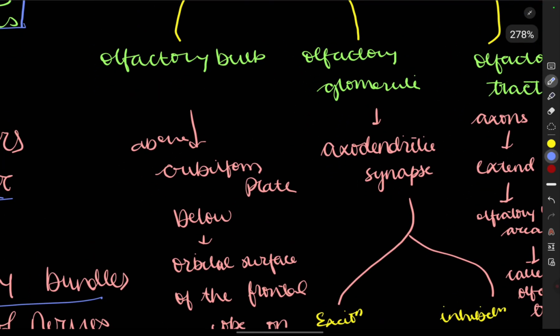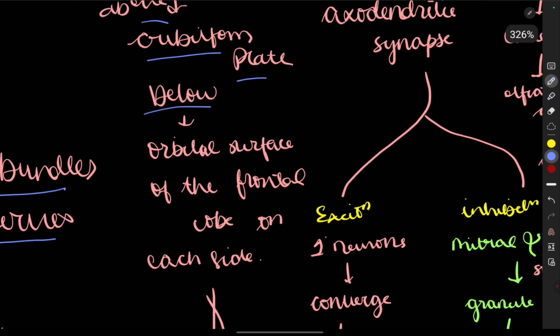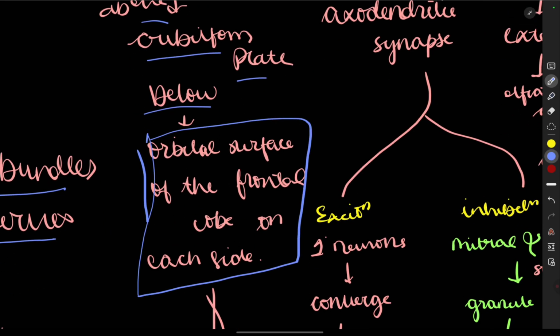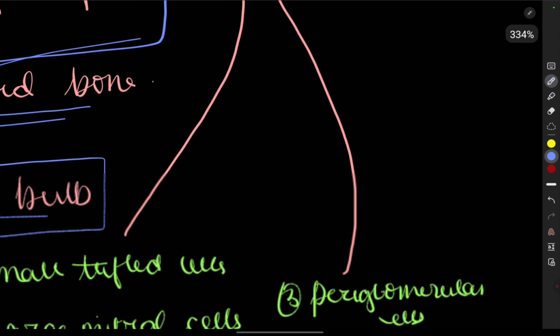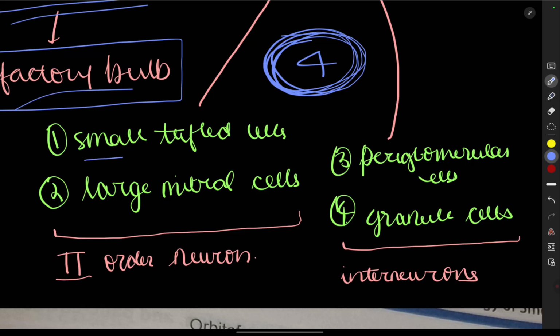Olfactory bulb. Okay, what is the olfactory bulb? It is present above the cribriform plate and below the orbital surface of the frontal lobe on each side. Orbital surface you have studied in anatomy. It has 4 types of cells. The small tufted cells and large mitral cells are the second order neurons.